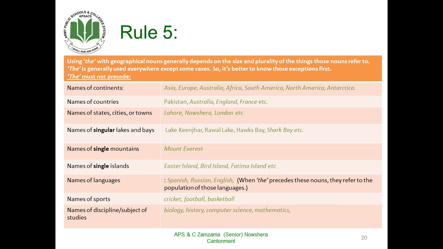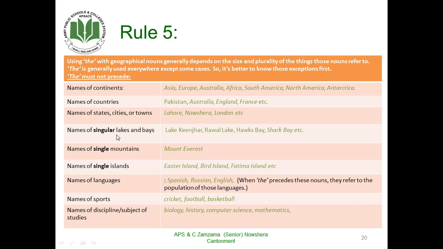continents. Now come to the names of countries. We do not need any "the" here as well. We will not say the Pakistan, we will say only Pakistan. Names of states, cities, or towns, for example, Lahore, Nowshera. We do not use any "the" before that.